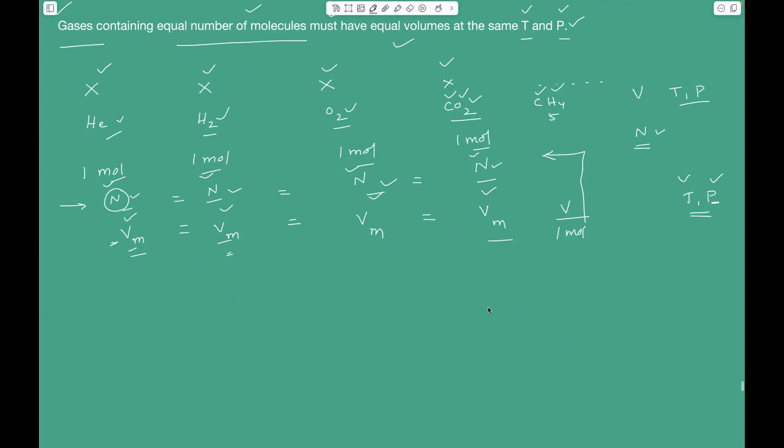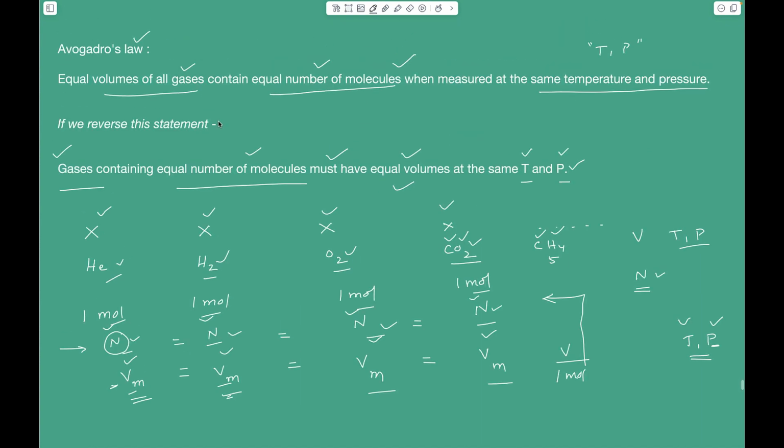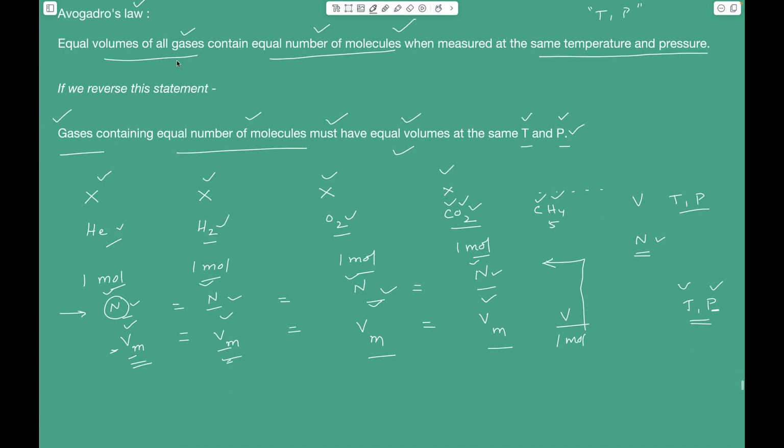Remember, this is true only in case of gases. It may not be true in case of solids and liquids. That is because Avogadro's hypothesis or law is applicable only to gases, not to liquids and solids. So, molar volumes of all gases are the same when measured at the same temperature and pressure.